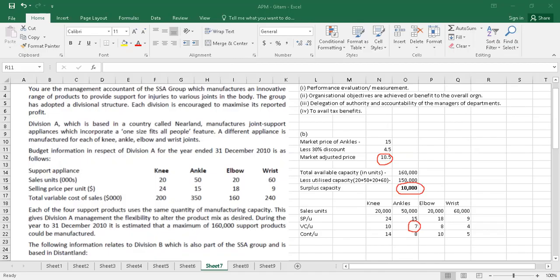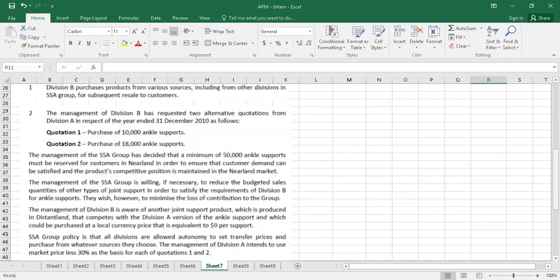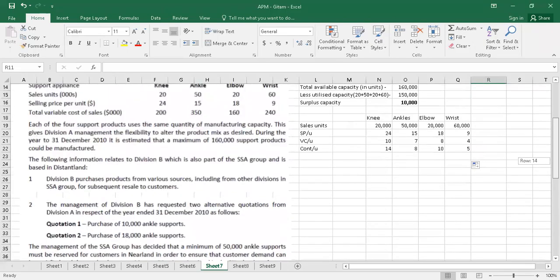This will be applicable only for quotation 1. There are 2 quotations in this question. Division B has 2 different quotations placed. Quotation 1 has the requirement of 10,000 ankle supports. Quotation 2 has the requirement of 18,000 ankle supports.